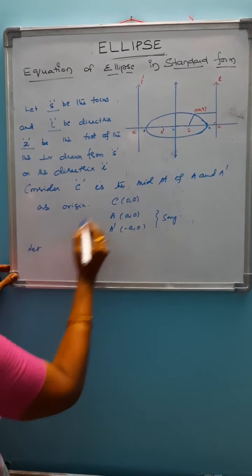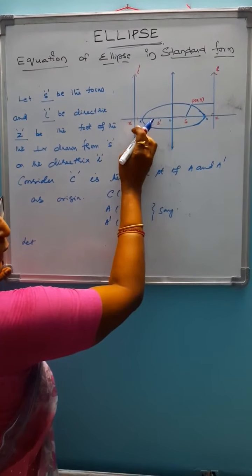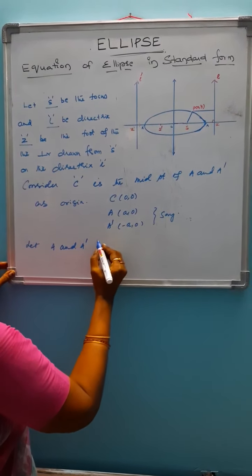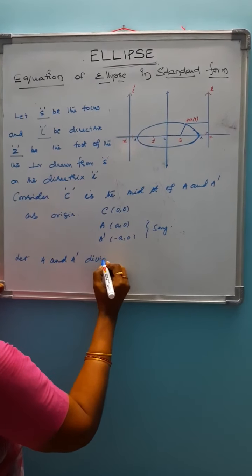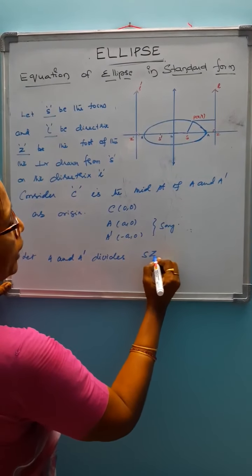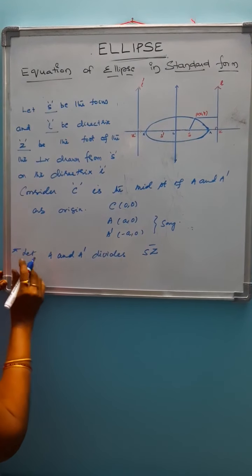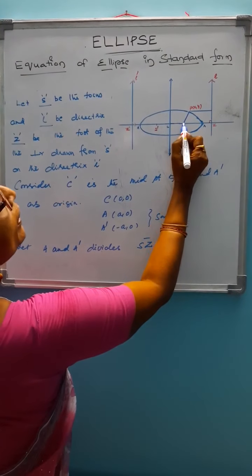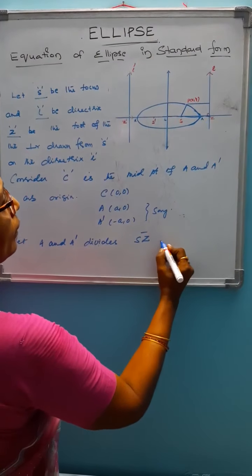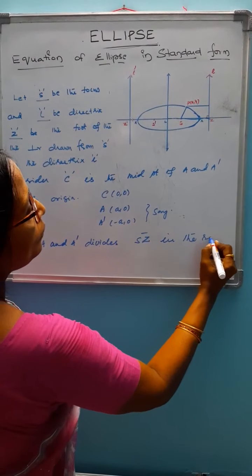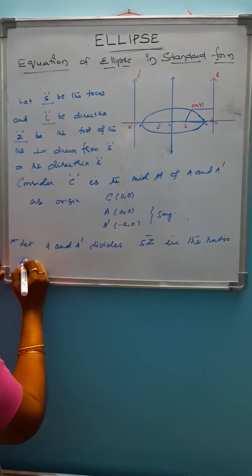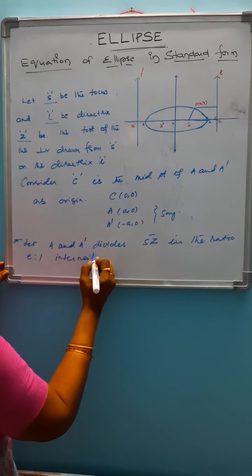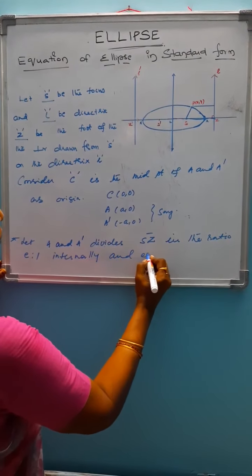Very important note: let A and A dash divide SZ in the ratio e is to 1 internally and externally.